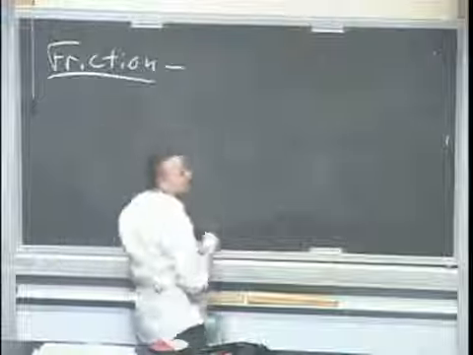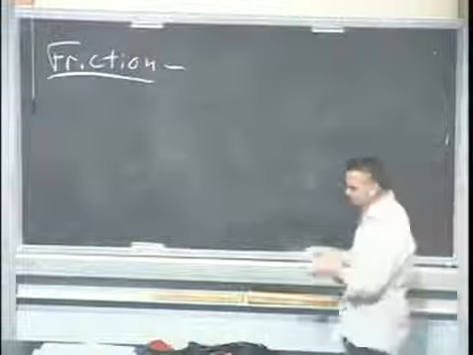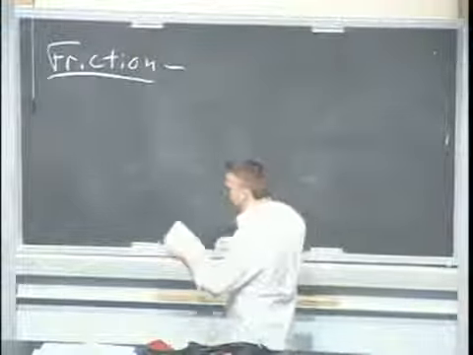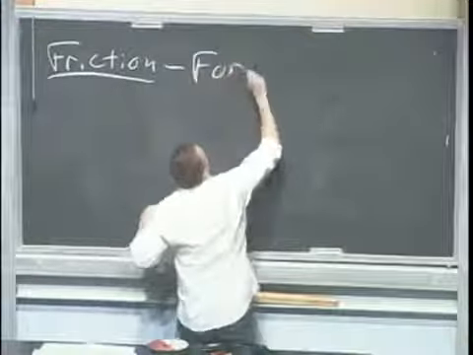Friction is a force between two surfaces. Specifically, it's a force between two surfaces that opposes slipping between the surfaces. Let's write that down.